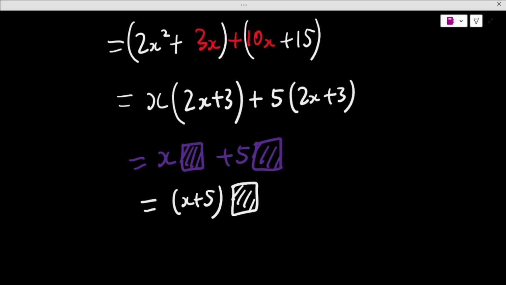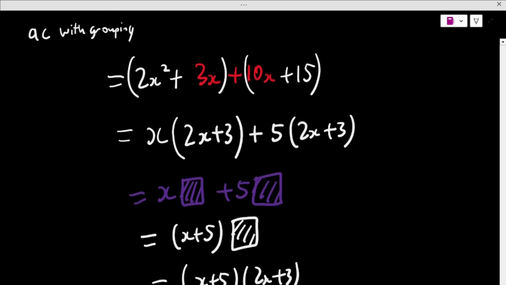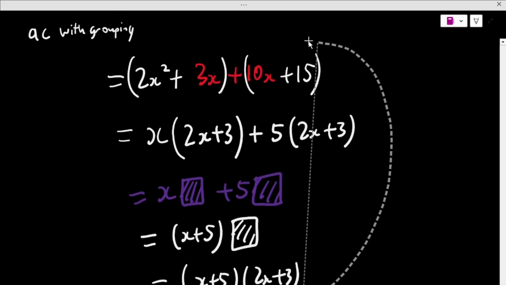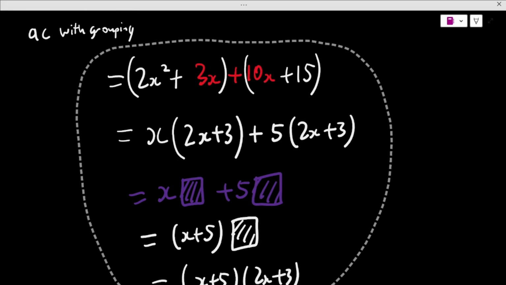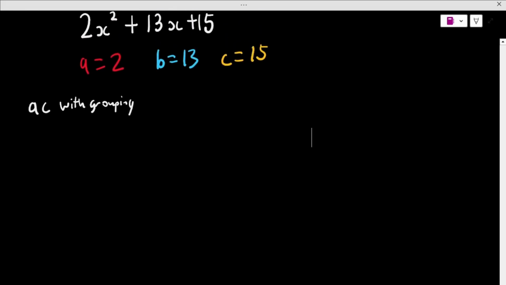So now we can re-express the box back into 2x plus 3. So this gives us x plus 5, 2x plus 3. And that's the same factorization. If you realize this is pretty similar to the box method, it's just a little bit different in terms of how you go about it.